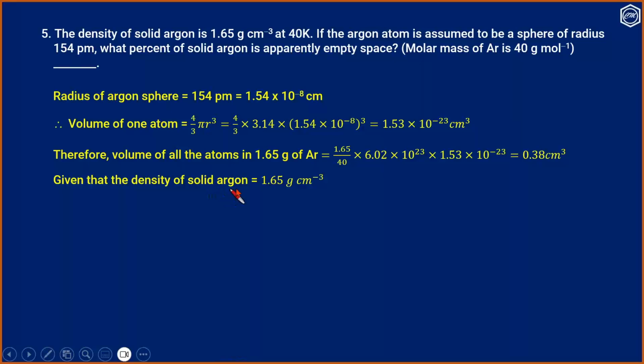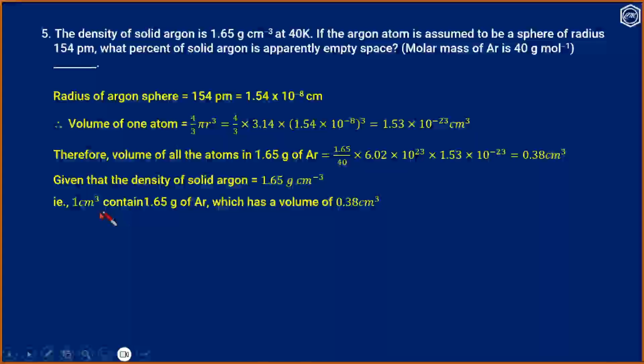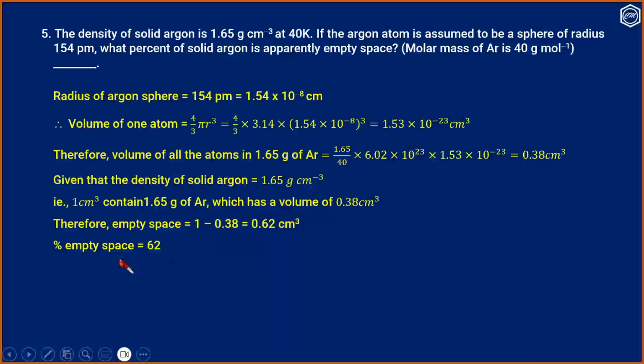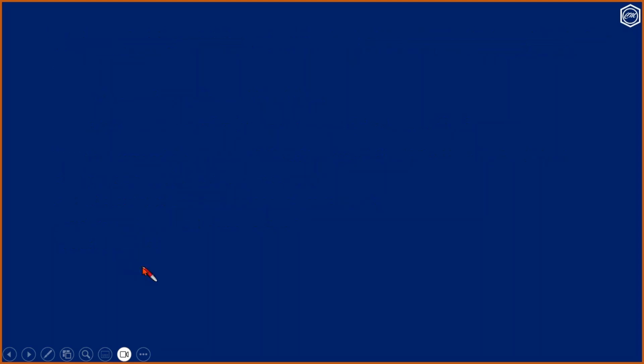Given that the density of solid argon is 1.65 gram per centimeter cube, that is 1 centimeter cube contains 1.65 gram of argon, which has a volume of 0.38 centimeter cube. Therefore, empty space equals 1 minus 0.38, that is 0.62 centimeter cube. Percentage of empty space is equal to 62.